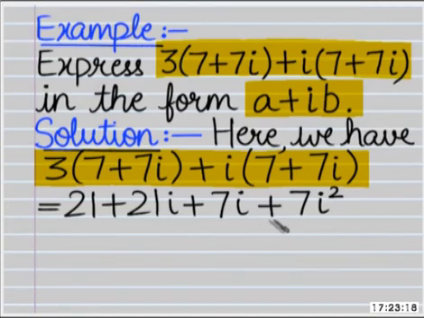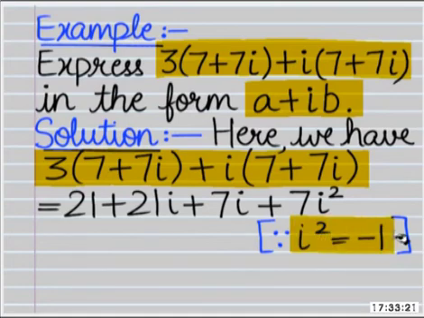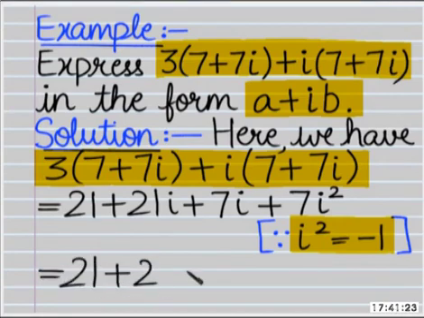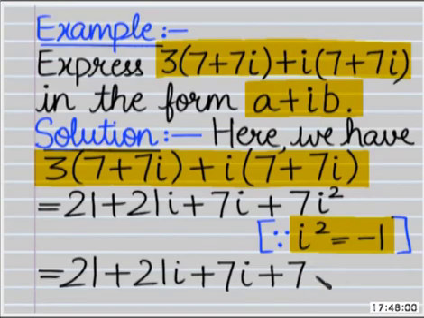Because we know that iota square is equal to -1. So it is further equal to 21 plus 21 into iota plus 7 into iota plus 7 into -1.